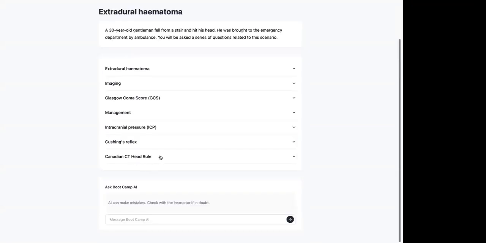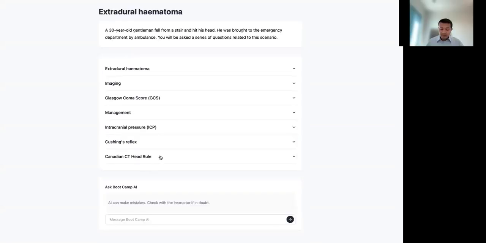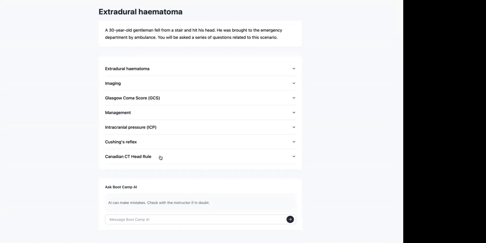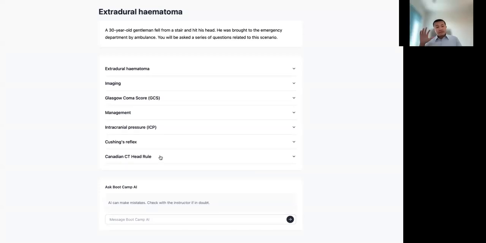So lastly, what is the Canadian CT head rule? In other words, what are the indications to do a CT scan in a trauma patient? It's divided into within 1 hour and within 8 hours. Let's start with the 1 hour group. The first group, you must do the CT scan within 1 hour. So tell me.